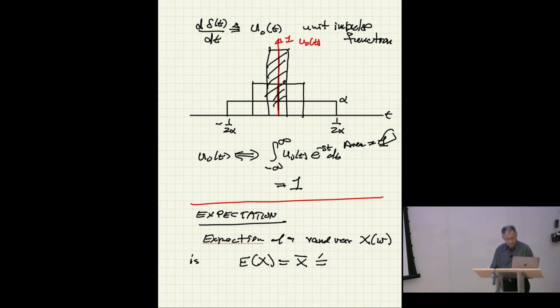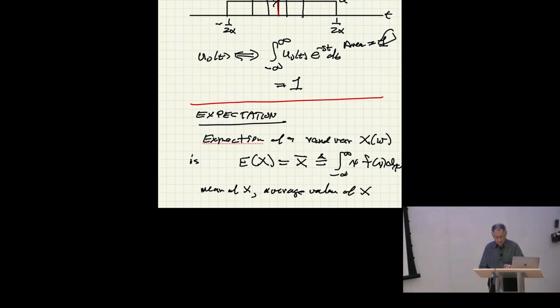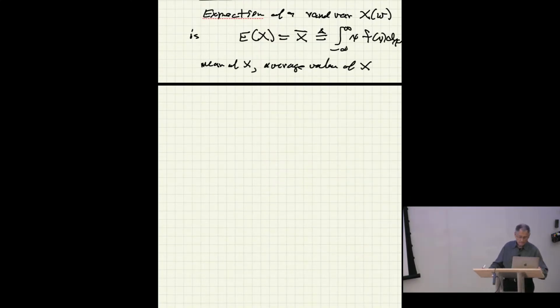And it's defined simply as the integral from minus infinity to infinity of little x, f of x dx. And that's known, as you recognize, as the mean of the random variable x, or the average value of x, or, as I'm saying, the expectation of the random variable x. Okay.